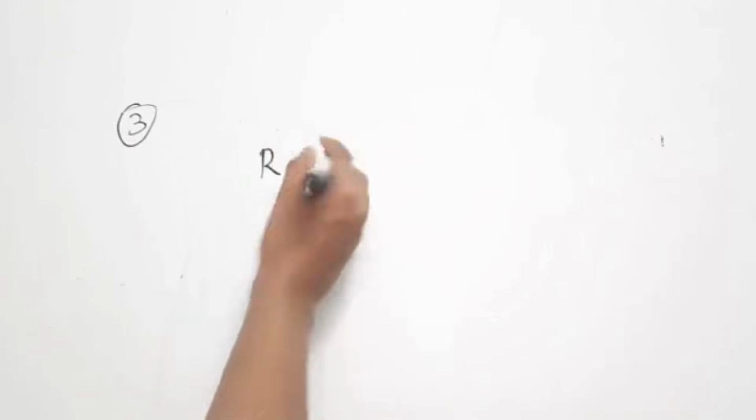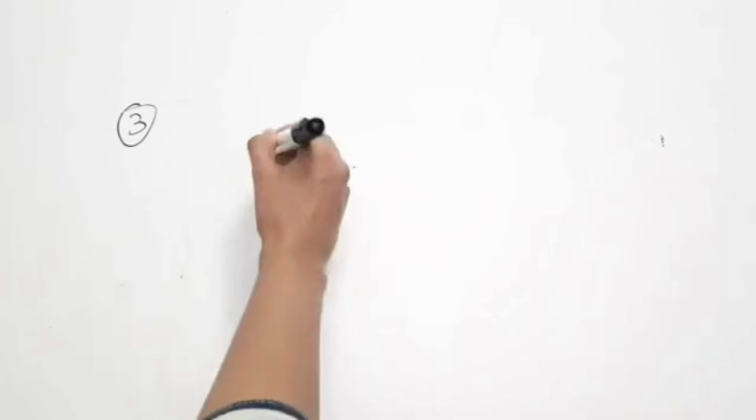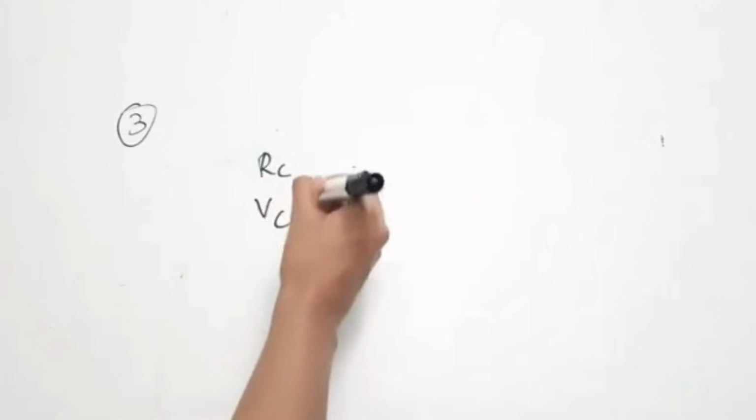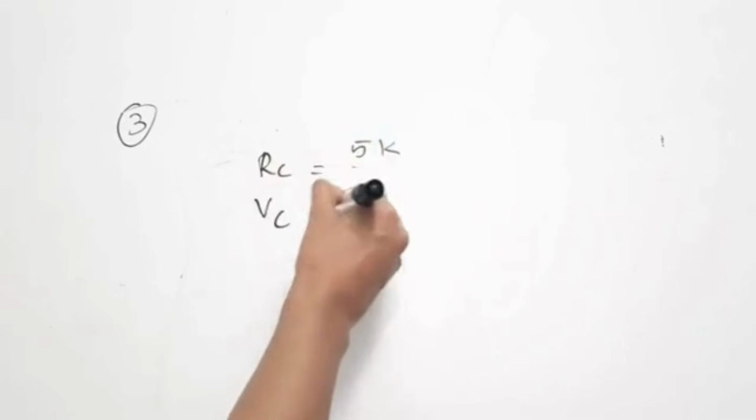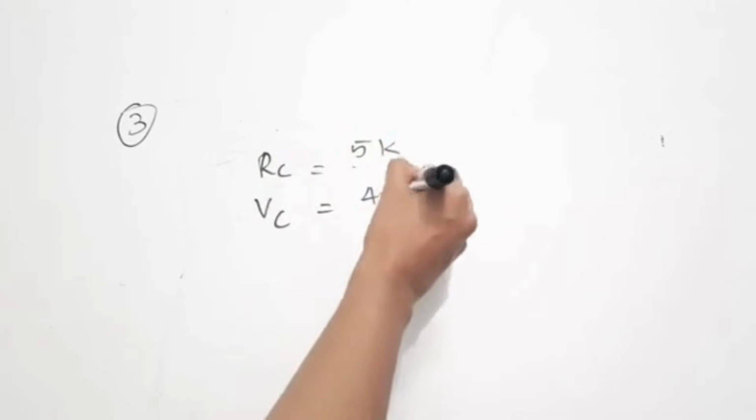First we'll write all the values given in the question. It is given that the voltage drop of 4.9 is obtained across a resistance connected to the collector. So we can call it RC, and the voltage we can call VC. So RC value is 5K and VC value is 4.9 volt.